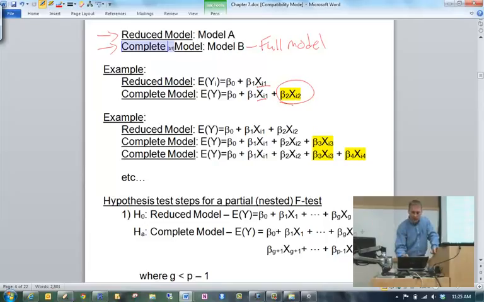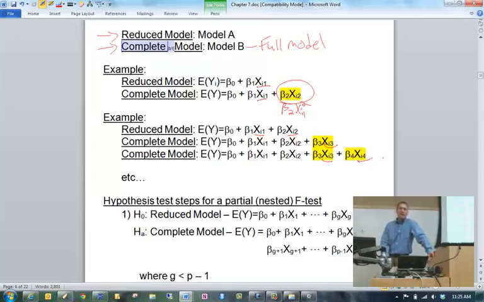Alternatively, another complete model could have had, instead of x2 there, beta 2 xi1 squared as well. It just depends upon the context of what you're interested in. Another example. Suppose I have a reduced model of x1 and x2. One potential complete model could include x1, x2 plus x3, or another complete model could be x3 and x4. Again, depending upon the context of what you're doing.